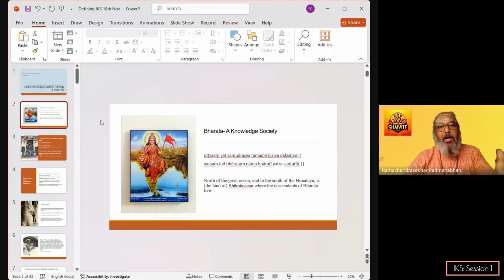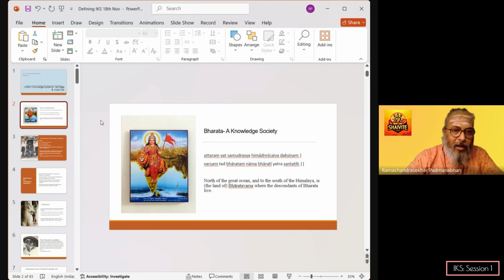So when we define Bharata in the Vishnu Purana, we have the most famous verse which defines the boundaries of Bharata. It says Uttaram Yat Samudrasya, that which is to the north of the Indian Ocean, Himadres Chaiva Dakshinam, and that which is to the south of the Himalayas, that entire landscape is called Bharata. Varsham Tad Bharatam. But the last quarter of the verse is the most important: Bharati Yatra Santati.